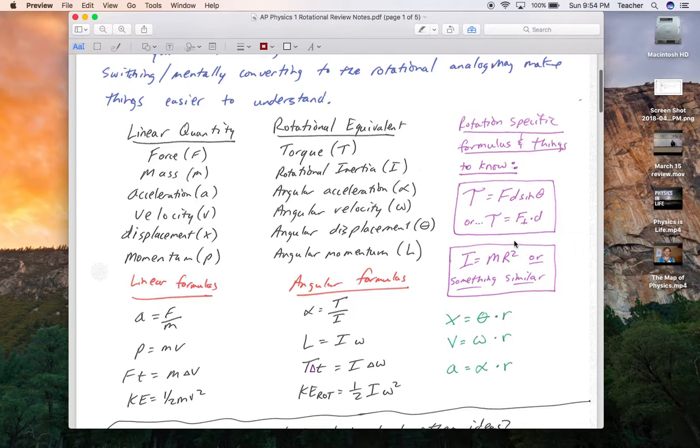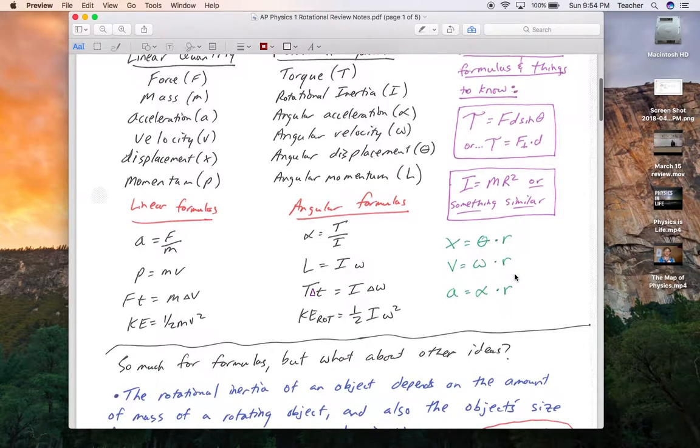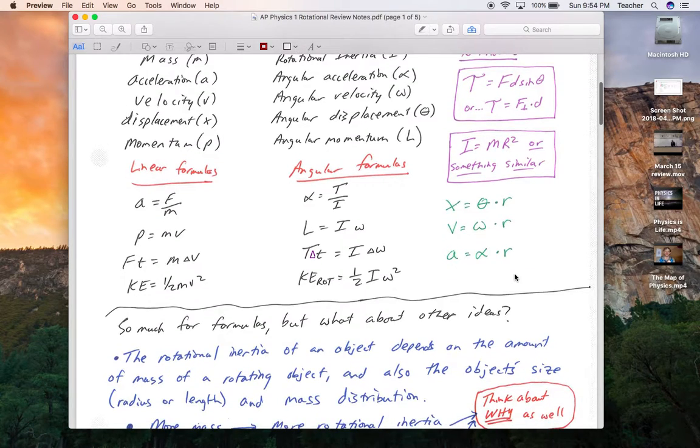So for example, this would be for a hoop. 1/2 mr squared would be for a solid disk. 2/5 mr squared for a solid sphere. Mr squared would be actually for a point source. That's the only one you should really probably know, is that mr squared is the moment of inertia for a point source mass.